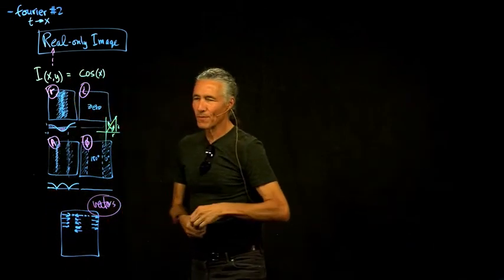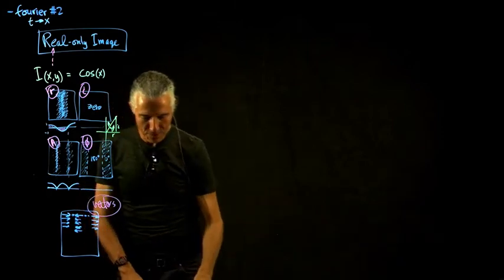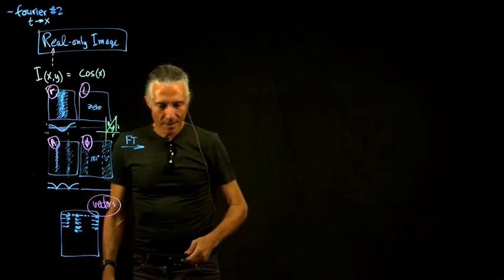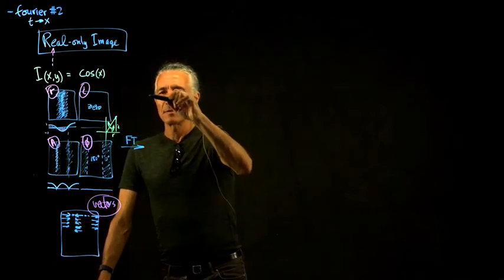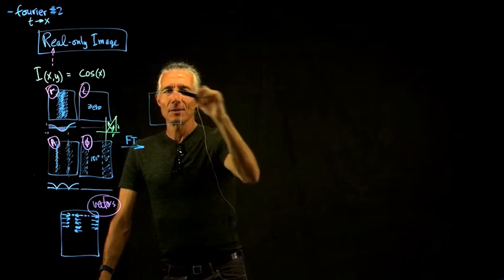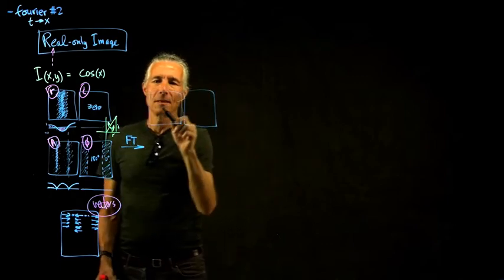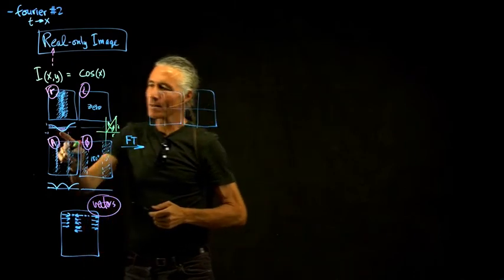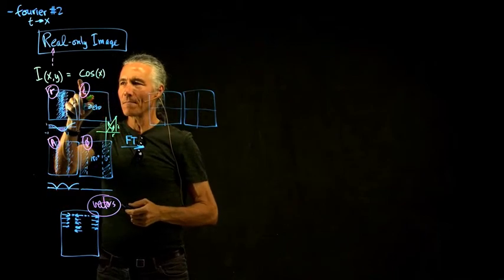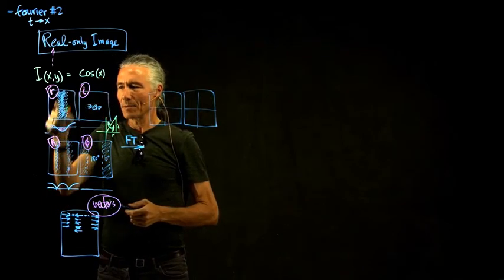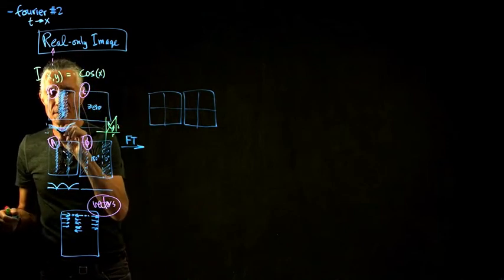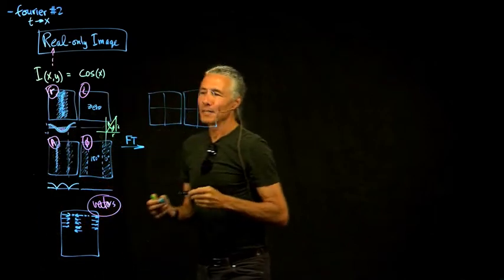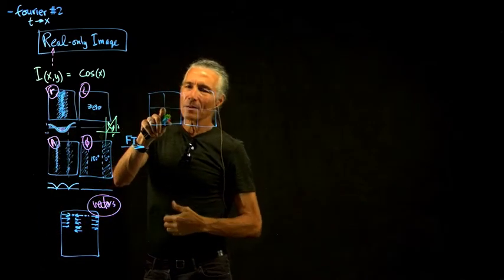So now let's do the Fourier transform of that. When we do the Fourier transform, what do we get? Here's the first slightly weird thing. We get 2 points over here. So here's the Fourier transform. The average brightness of this image, of our cosine brain, will be 0, because the average is 0.